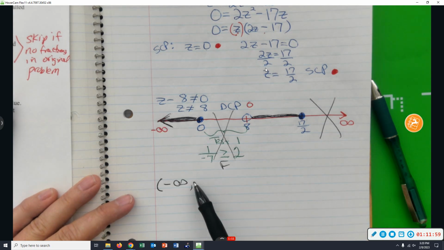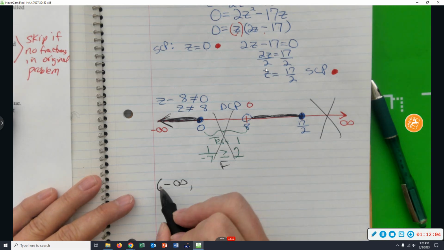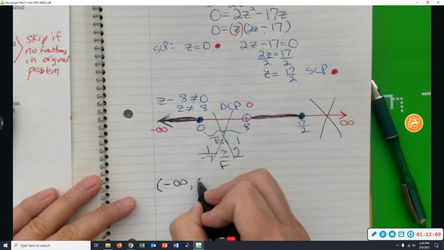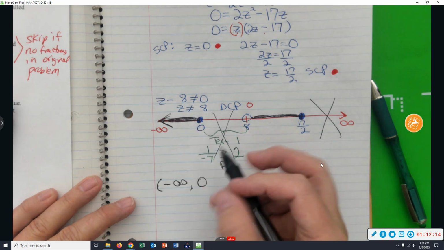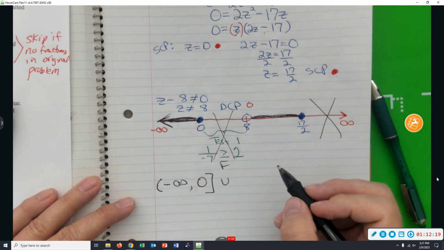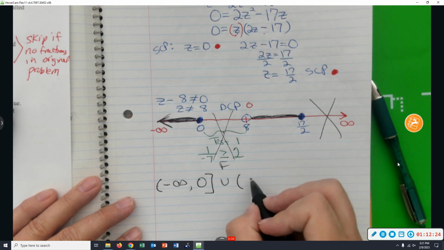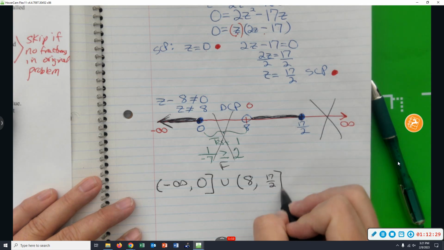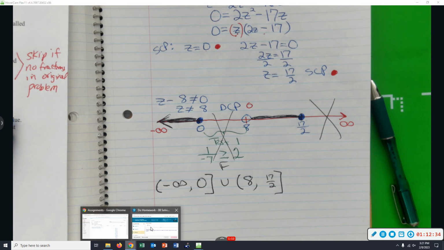Okay, so I'm just here writing down the answers. Tony's talking, so I wrote the parenthesis, negative infinity, comma. What goes next? Parenthesis or bracket. Be careful. Bracket, because it's closed. Next, union, parenthesis or bracket. Parenthesis, 8. Comma, 17 over 2, bracket. Okay. Let me start trying to type that in.